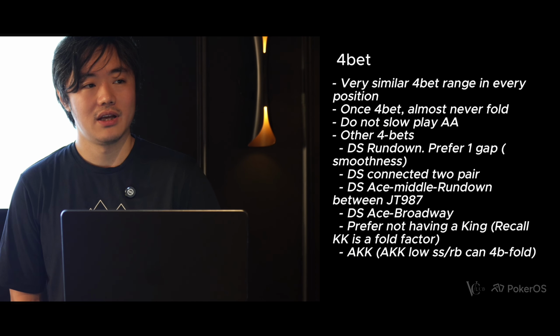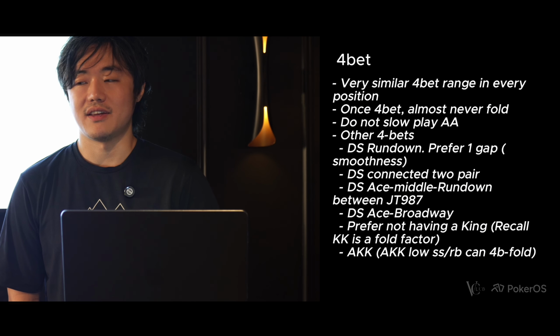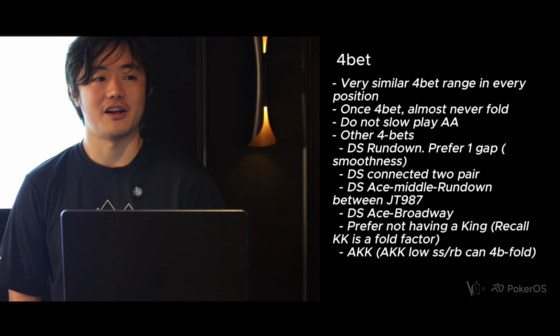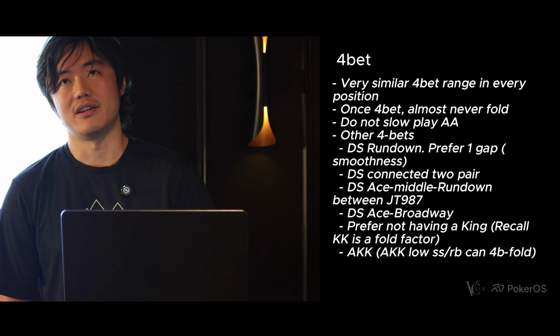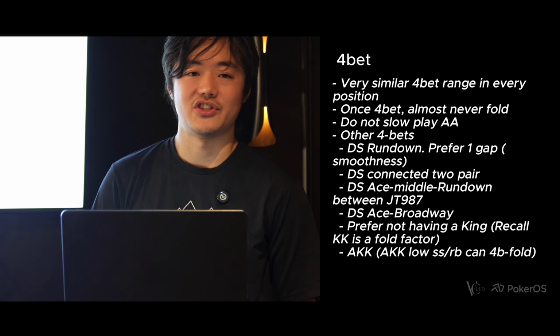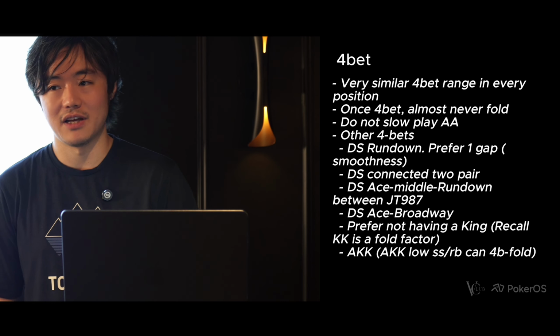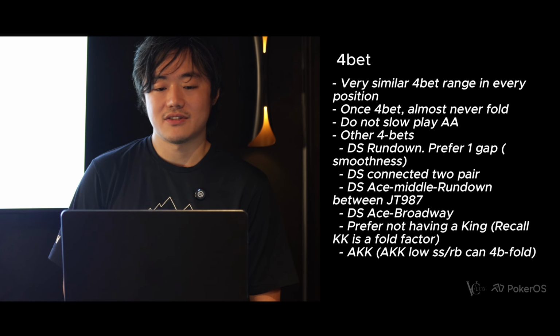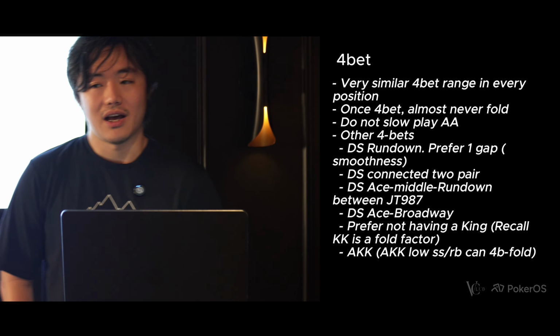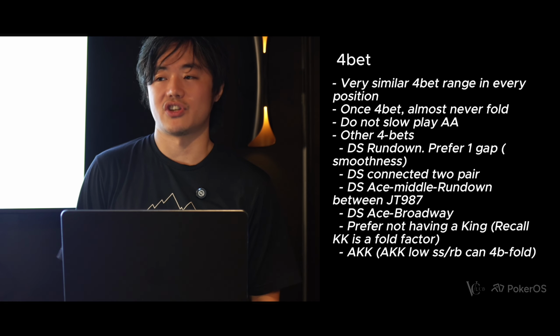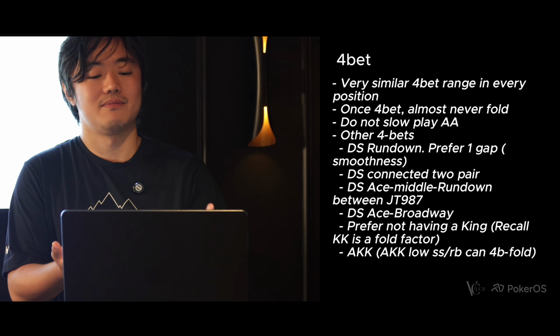In Hold'em, if it's UTG versus small blind, the range is very tight, but if it's button versus small blind, it's kind of jams with ace-5 suited stuff. In PLO, that's not the case. PLO is a little bit looser for late positions, but it's basically the same range of 4-betting.